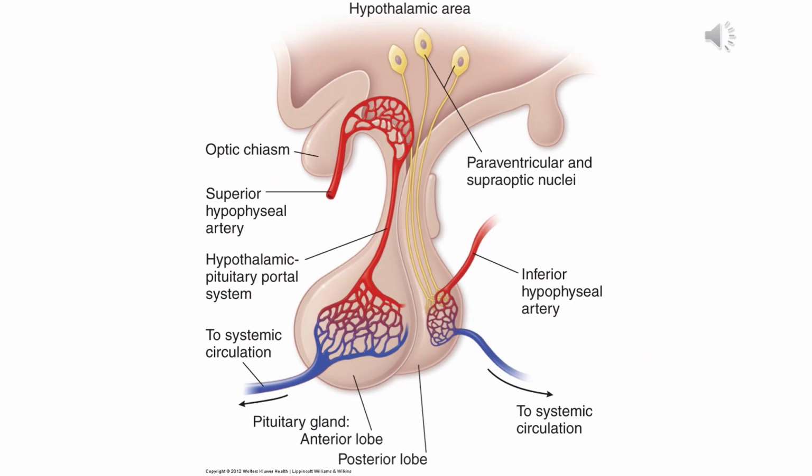Hormone number 1, made by the hypothalamus, traveling by way of the portal system to the adenohypophysis, growth hormone releasing hormone, GHRH, made by the hypothalamus, traveling to the anterior pituitary by way of the portal system, binding upon cells in the anterior pituitary that are called somatotropes.